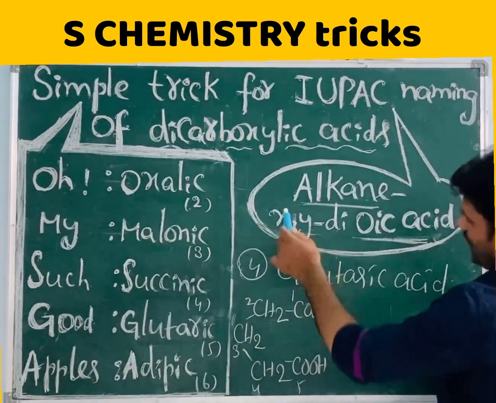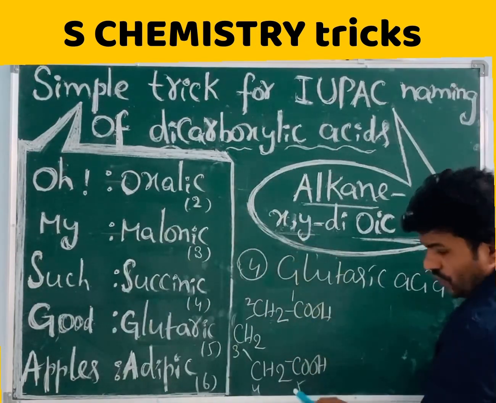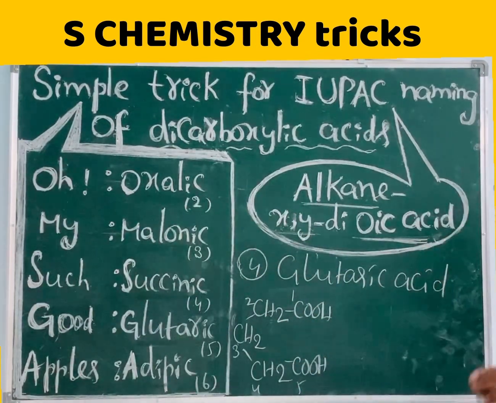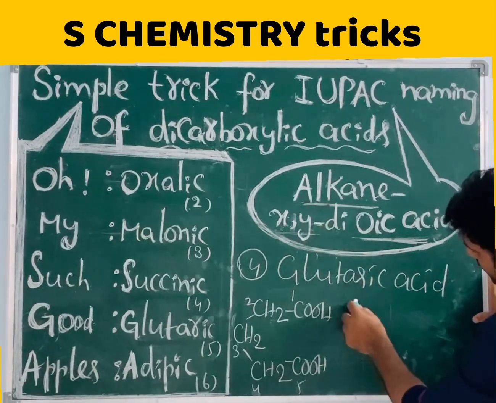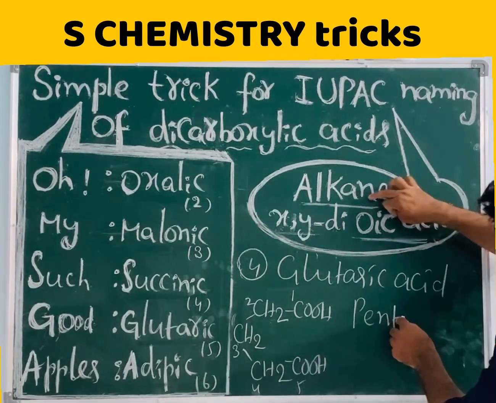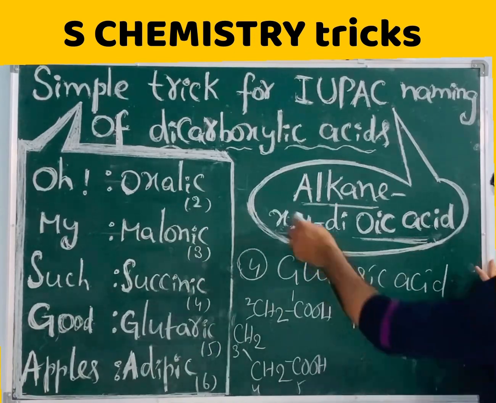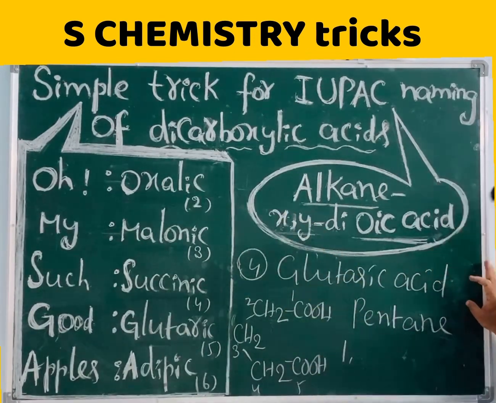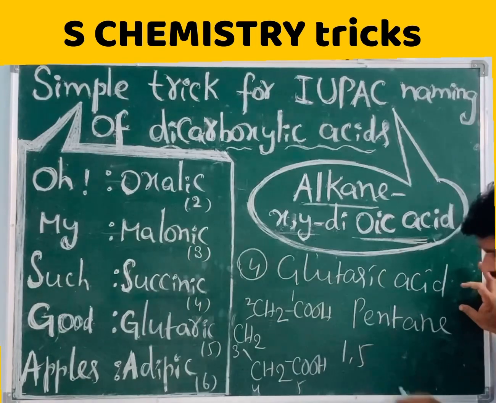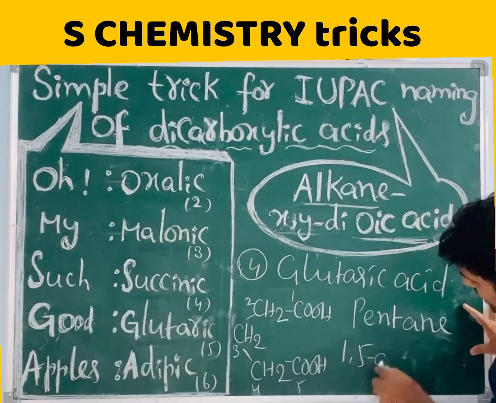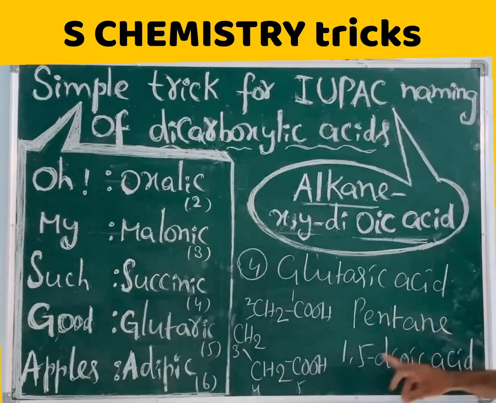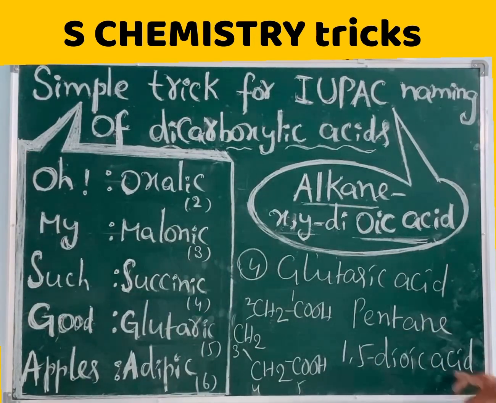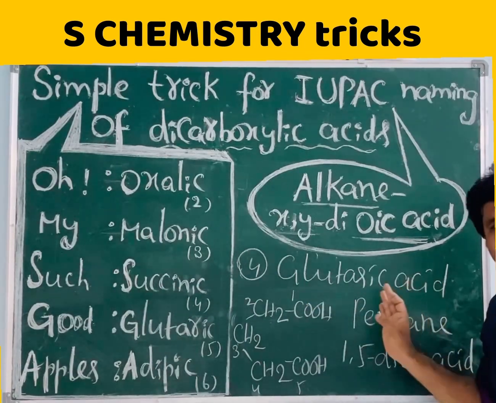So X value is 1, the first carbon, and Y value is 5, the last carbon. If 5 carbon atoms are present, the root word is pent. So pent plus ane, pentane, with X value 1 and Y value 5. So pentane 1, 5 dioic acid is the IUPAC name of glutaric acid.